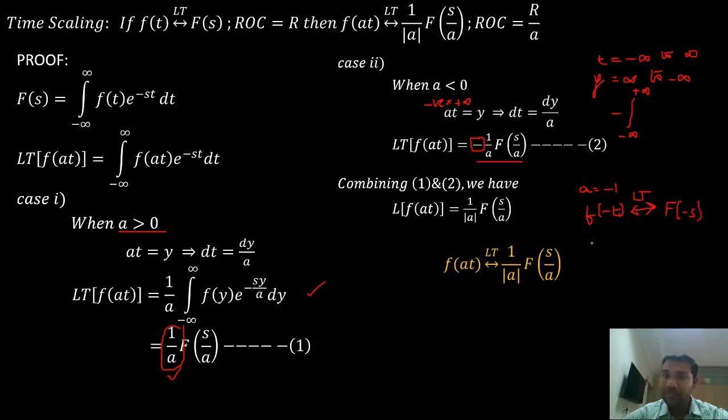So this is my time reversal, right? Laplace transform of time reversal. So this is time reversal in Laplace transform. This is a special case of time scaling: time reversal is nothing but time scaling when a is equals to -1.